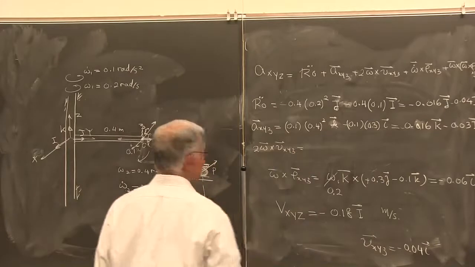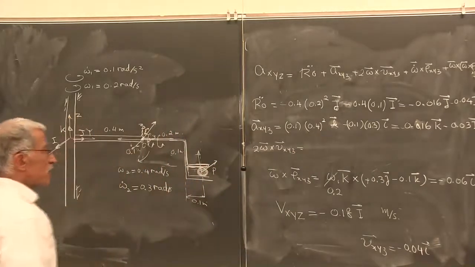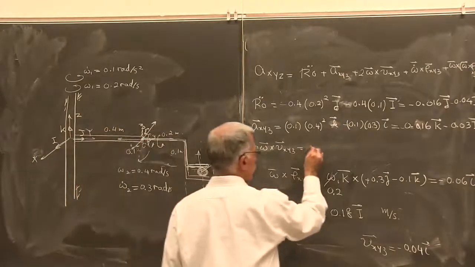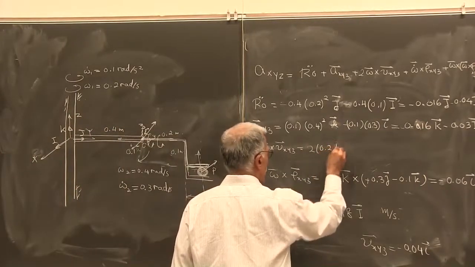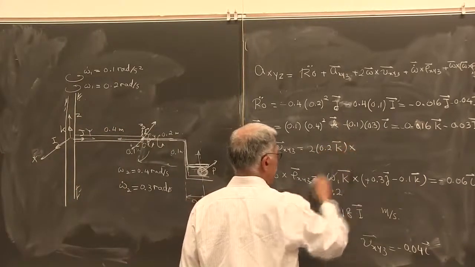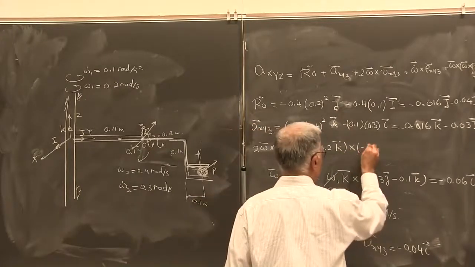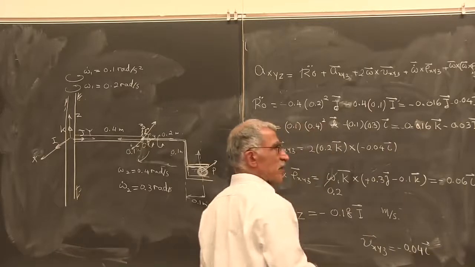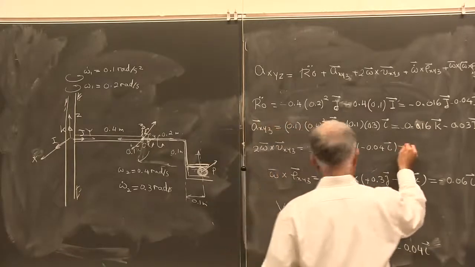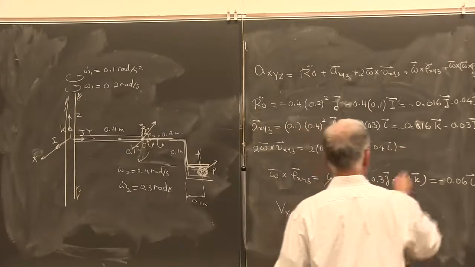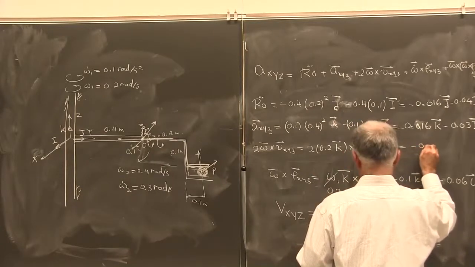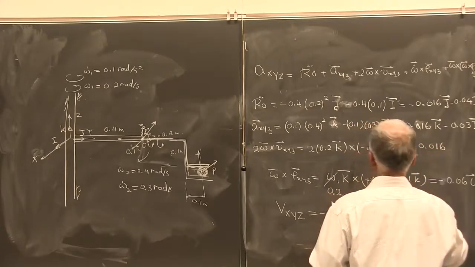And this is omega, but then my auxiliary reference frame is being twisted. That's omega 1, 2 times 0.2 k, Vxyz minus 0.04 small i, and k times i is j, and this number becomes equal to minus 0.016 j.